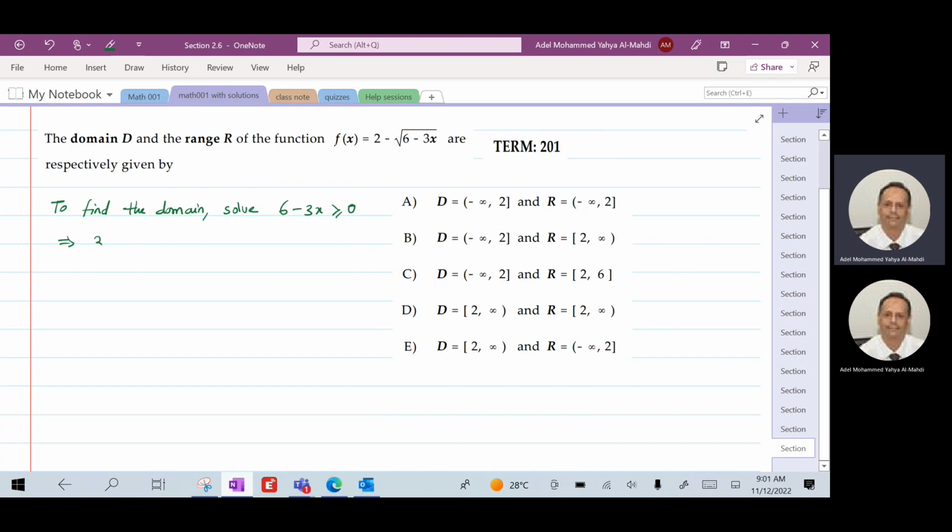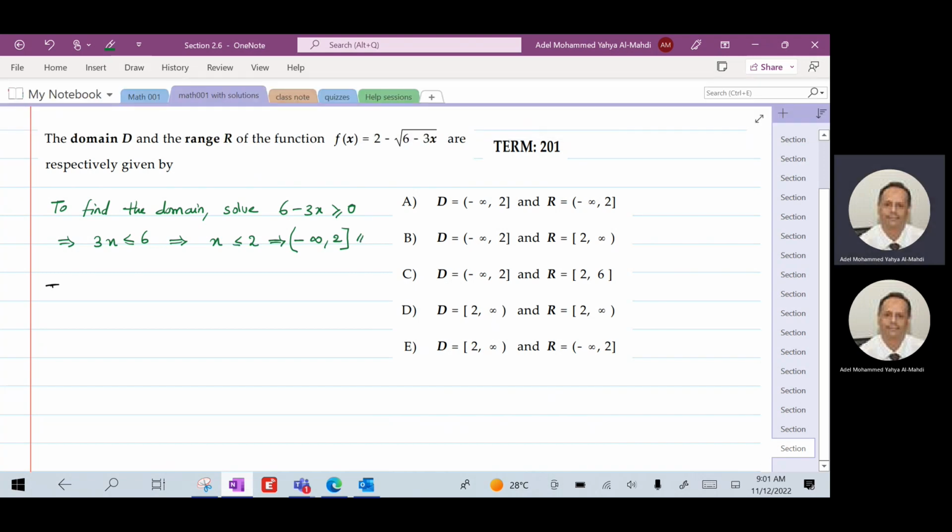Then 3x is less than or equals to 6, which gives x less than or equals to 2. In interval notation, from minus infinity up to 2. This is the domain.